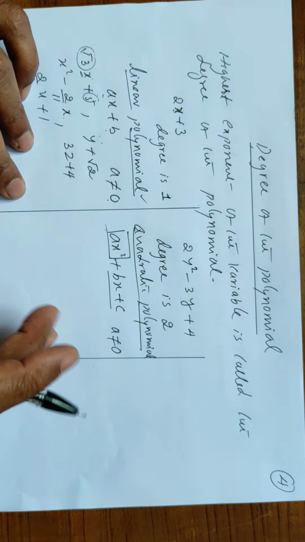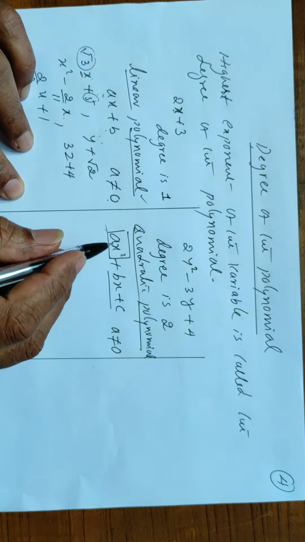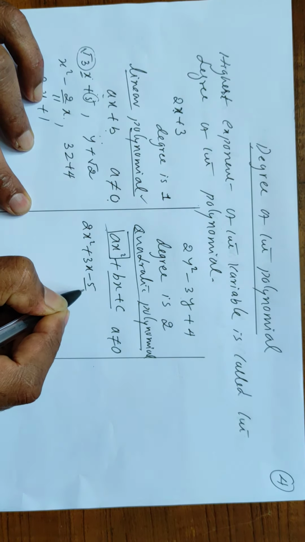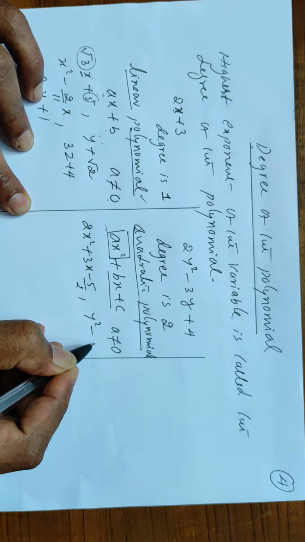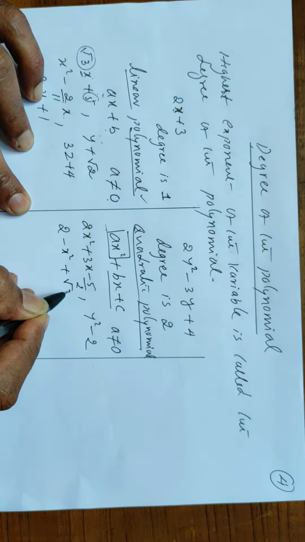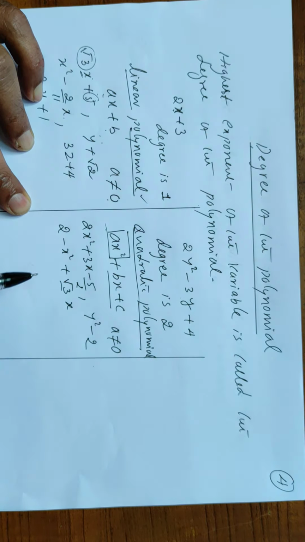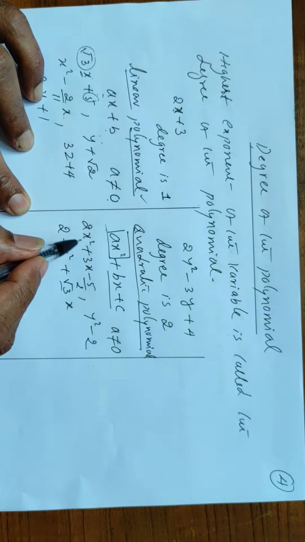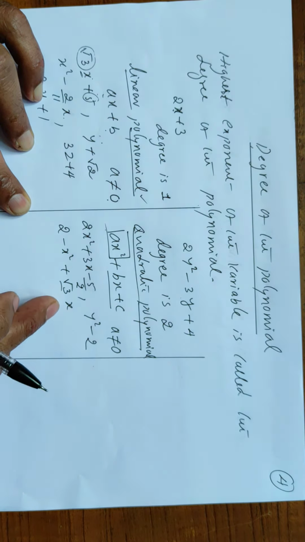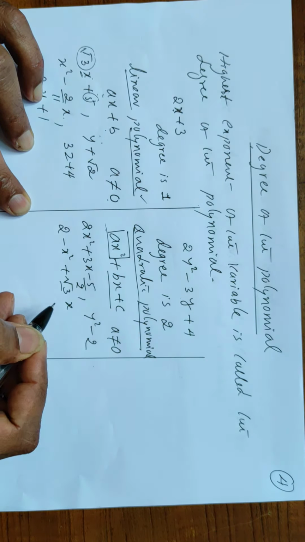You can write some more examples for this. 2x square plus 3x minus 5 by 2, y square minus 2, 2 minus x square plus root 3x. See, I have already told you, don't worry about the coefficients of the terms. The coefficients of the terms may be any real number.